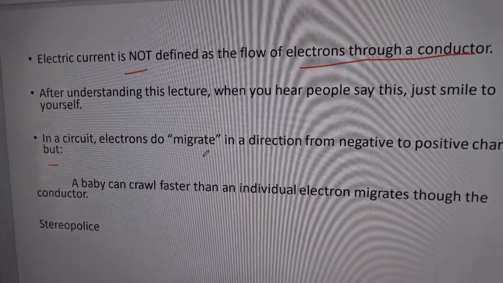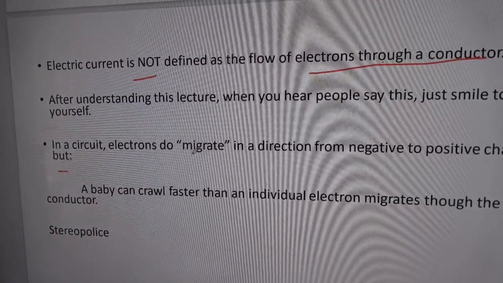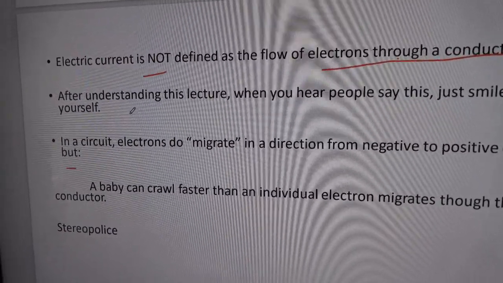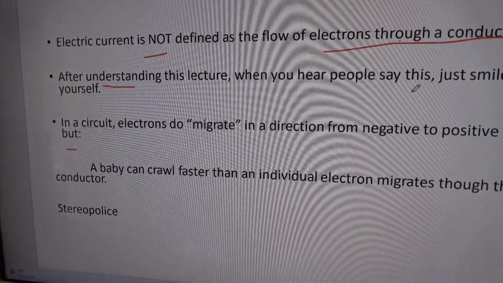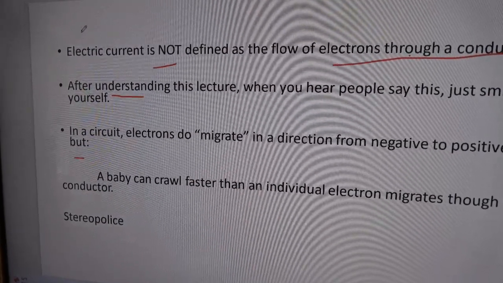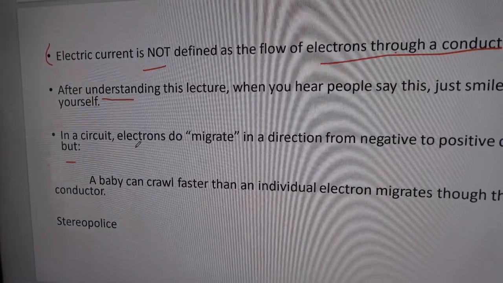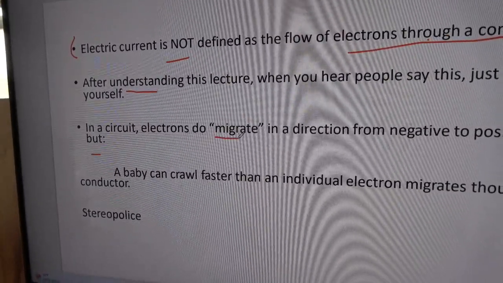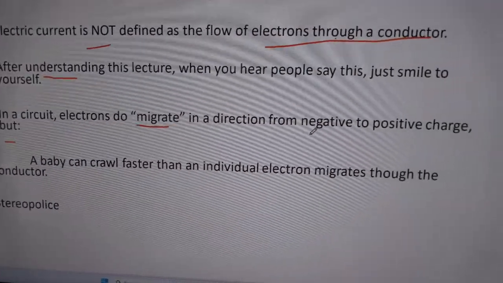It's not. After understanding this lecture, when you hear people say this, just smile to yourself. Just smile. In a circuit, electrons do migrate in a direction, generally from negative to positive charge.